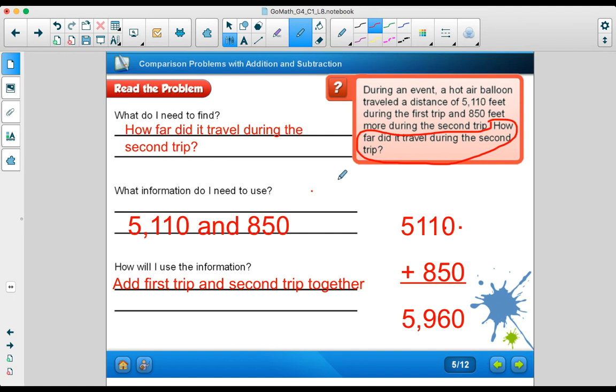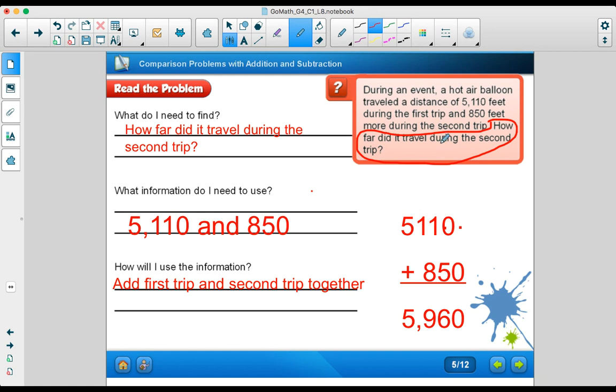What information do I need? I need to know how much it traveled on the first trip, which was 5,110 feet. But I also need to know how much more it traveled on the second trip, 850. How will I use this information? Okay, I will add the numbers.